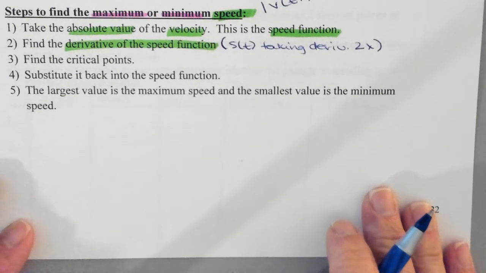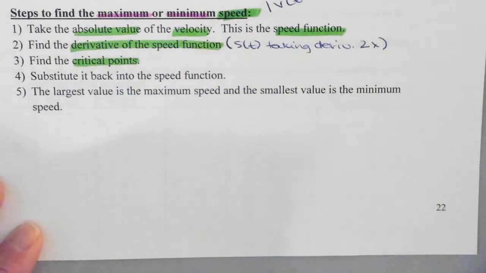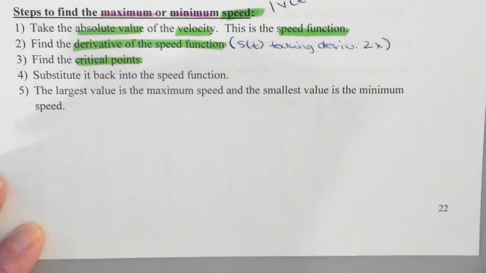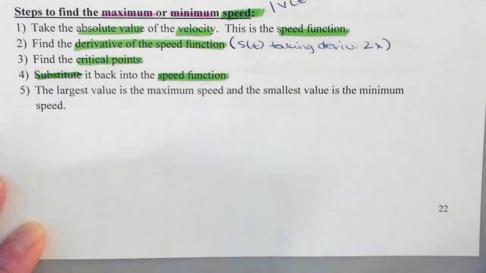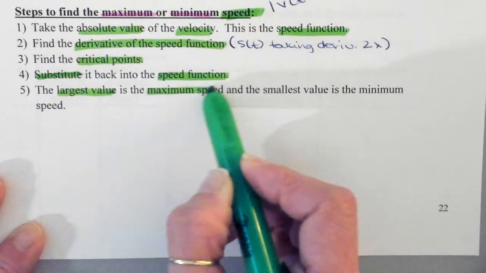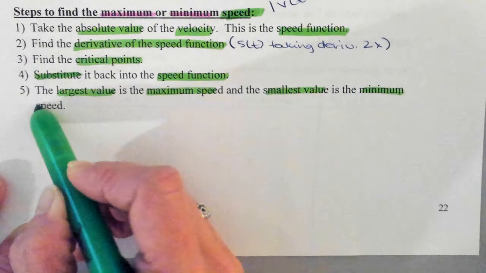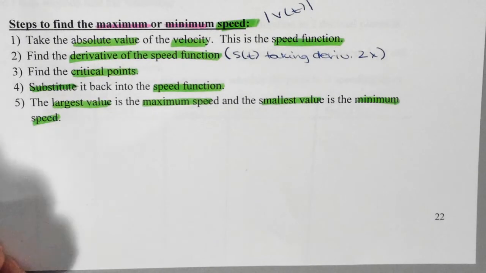We will find the critical points, just like we've done before, and we will substitute, this is key, back into the speed function. This should make sense. The largest value is the maximum speed, the smallest value is the minimum speed. This is important though, because you need to know what you're doing. Everybody good on the steps? We're about to do a problem. Let's go.